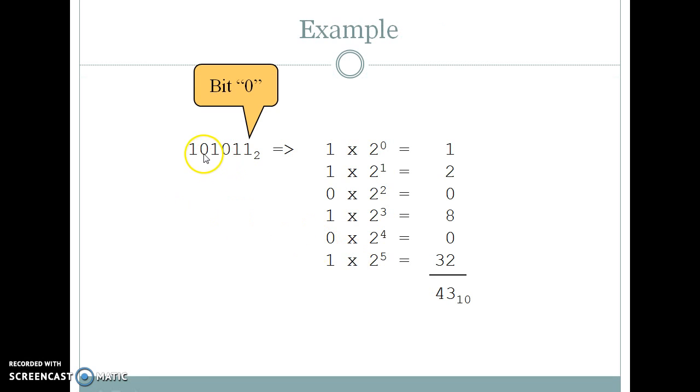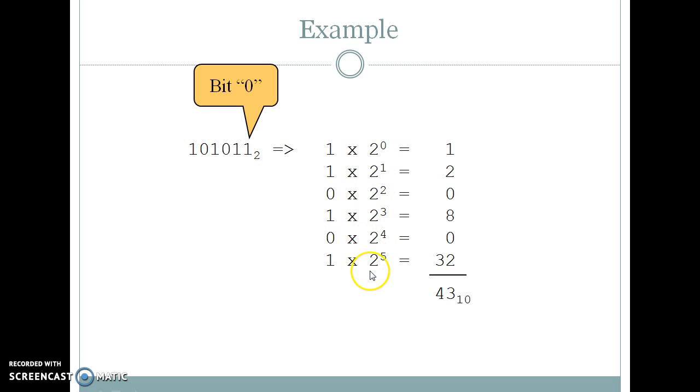Let us suppose the binary number is 101011 and the base is 2. We can take these digits as 110101 and multiply each with 2 raised to power 0. 0 is the weight of that particular digit. The weights are 0, 1, 2, 3, 4 and 5.